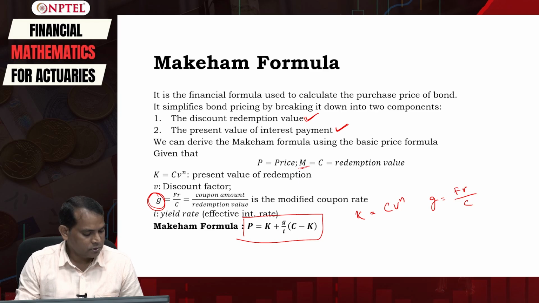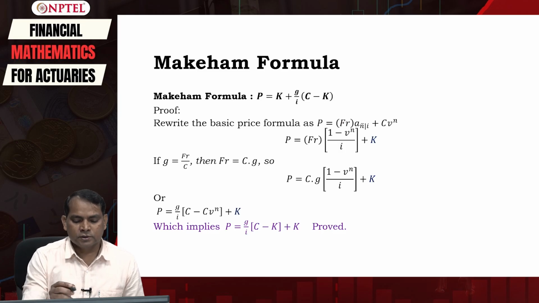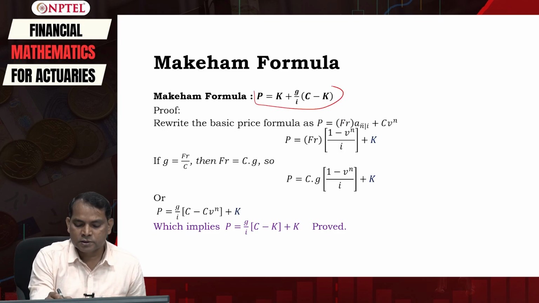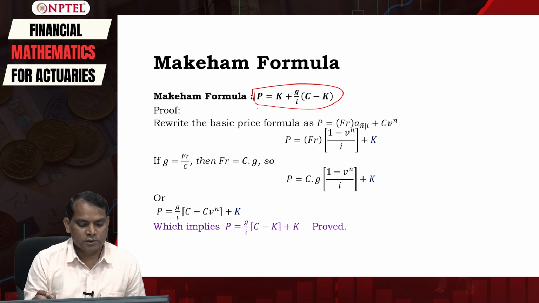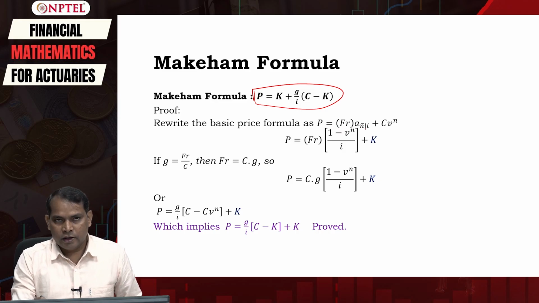So let us now derive the Makeham formula. The Makeham formula is this one. Let us now prove it. Rewrite the basic price formula as P is equal to Fr a angle n at I plus C V to the power n.